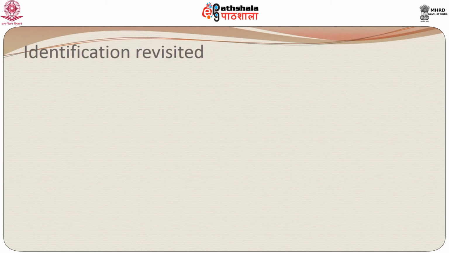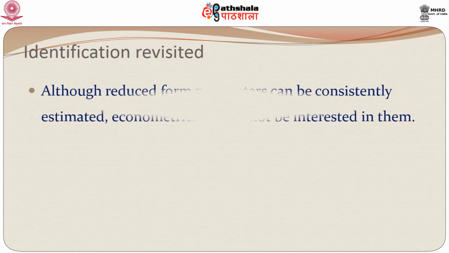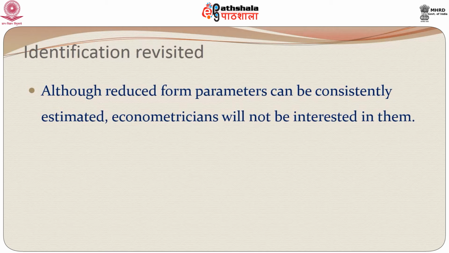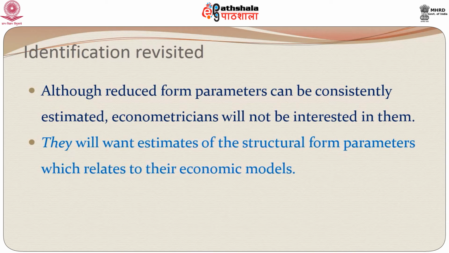Now, let us have a revisitation of the identification problem. Although reduced form parameters, as we just saw, can be consistently estimated, the econometricians will not be interested in them. Why not? They will want estimates of the structural form parameters which relate to their economic models. Mind you, the structural equations are the equations that the econometricians or economists actually build up based on economic theory.